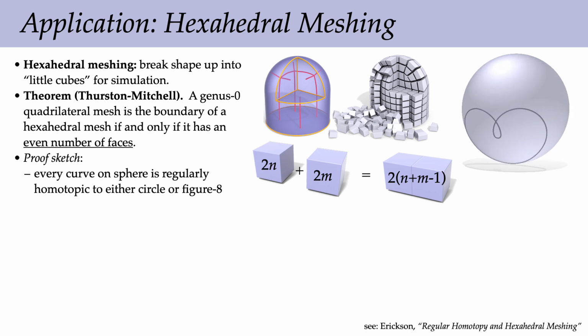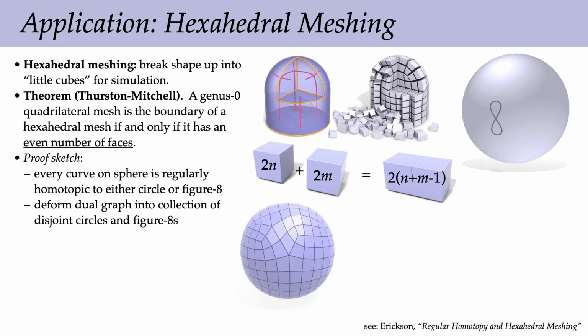How do we use that to understand hexahedral meshing? Well, the idea is to say every quad mesh has associated with it a collection of dual curves. What I mean by that is I could start with some quad, and then I start walking. I get to choose either north-south or east-west, and I trace out a strip of quads on the surface.